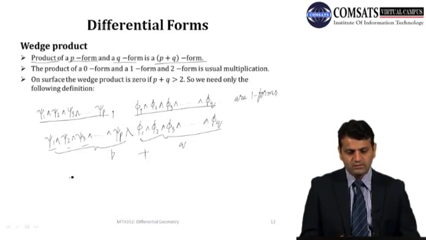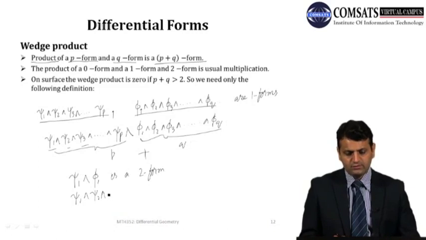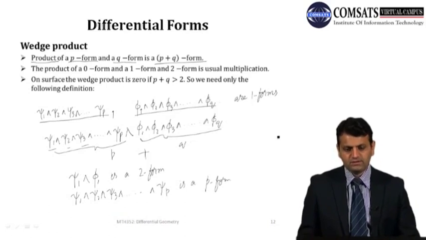So for example अगर मेरे पास psi1 है which is one form, wedge product with phi1 is a two form. Similarly अगर मेरे पास psi1 है उसको मैं psi2 से प्रोडक्ट लूँ, उसका मैं प्रोडक्ट लूँ psi3 से up to so on psi p से प्रोडक्ट लूँ, it is a p form. So this is true in general.